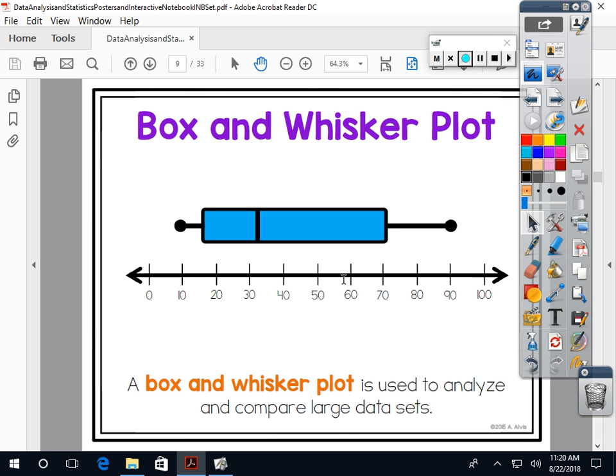Now, you can glue this one down to page 15. Make sure you're gluing it down to page 15.